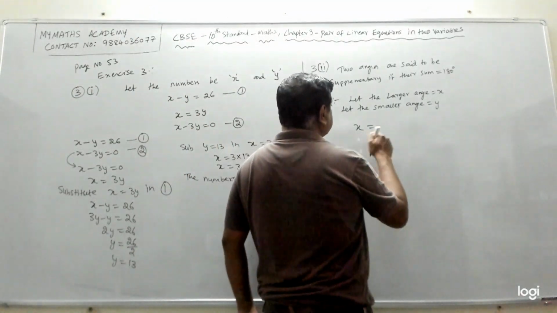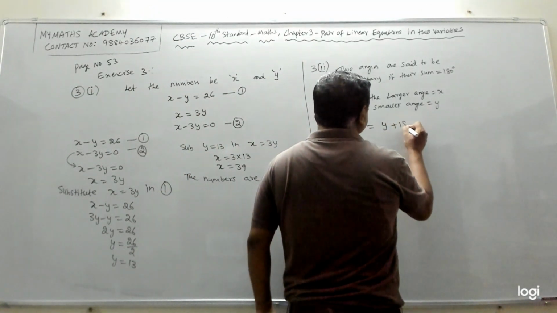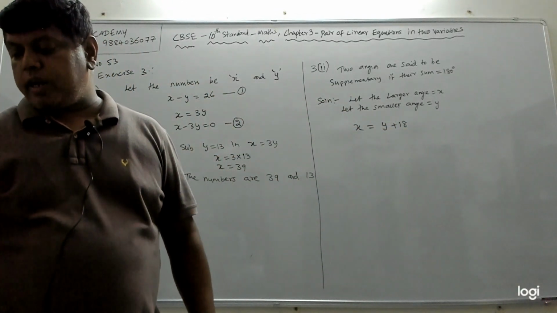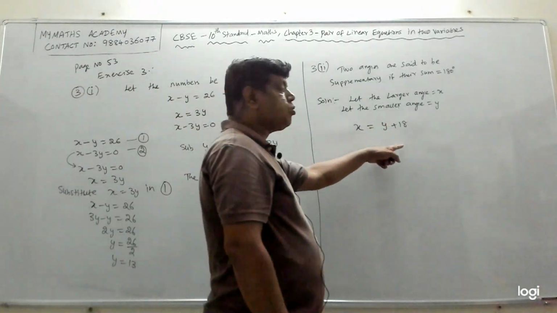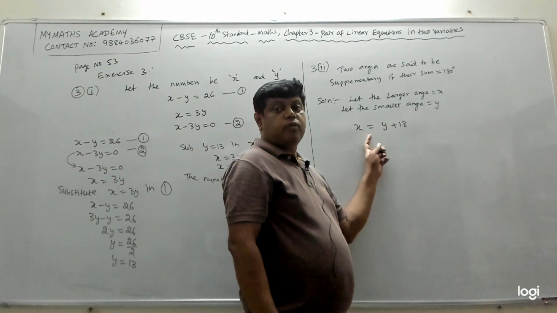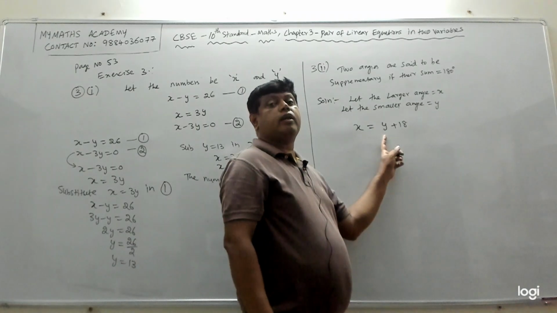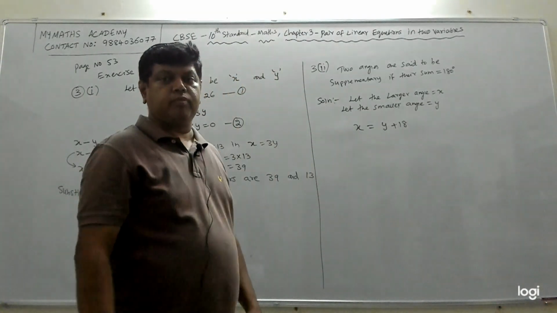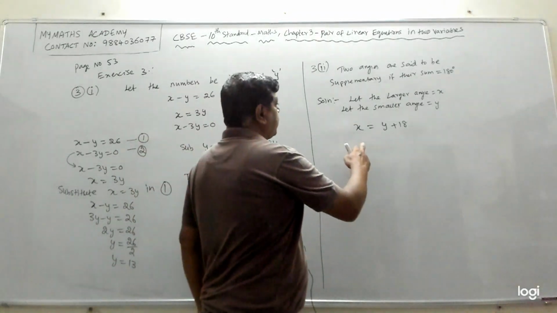When the larger angle is 18 more than the smaller angle, that is the meaning of exceeds. Exceeds means more, right? So larger angle x is equal to y plus 18. This is one equation.